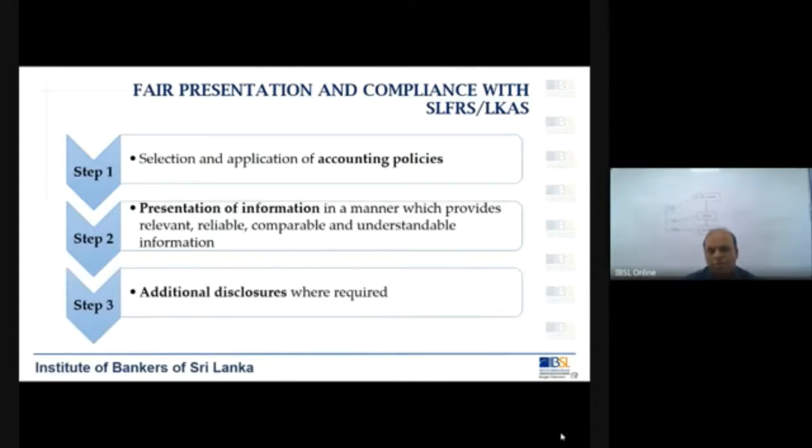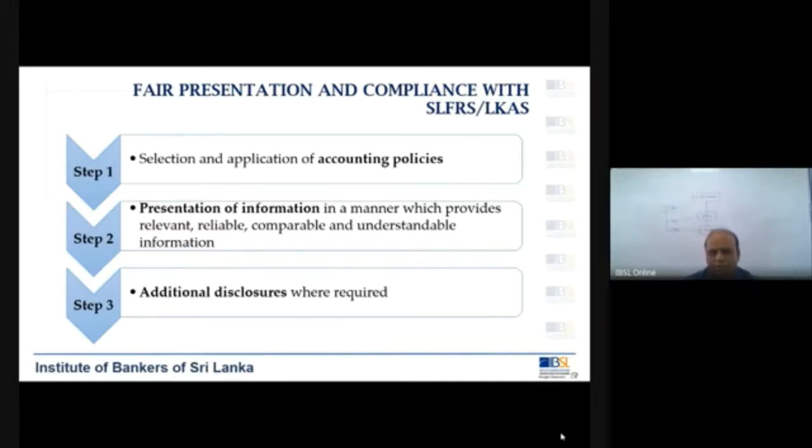Three important steps. First, you have to select and apply your accounting policies. Secondly, the presentation of information in a manner which provides, as you already know, relevant, reliable, comparable, and understandable information. The four important factors.